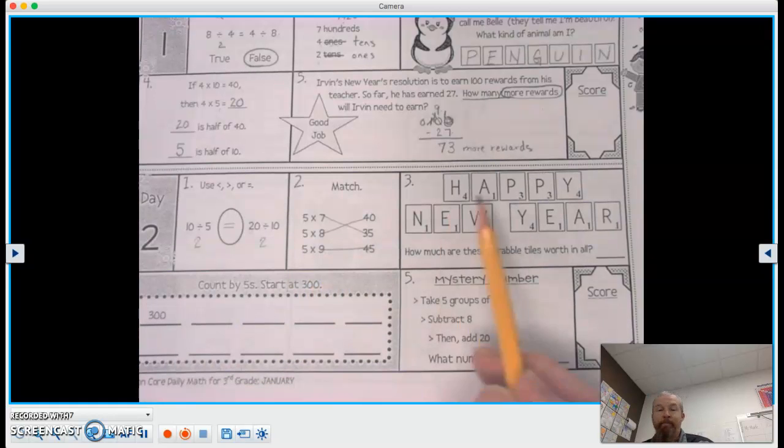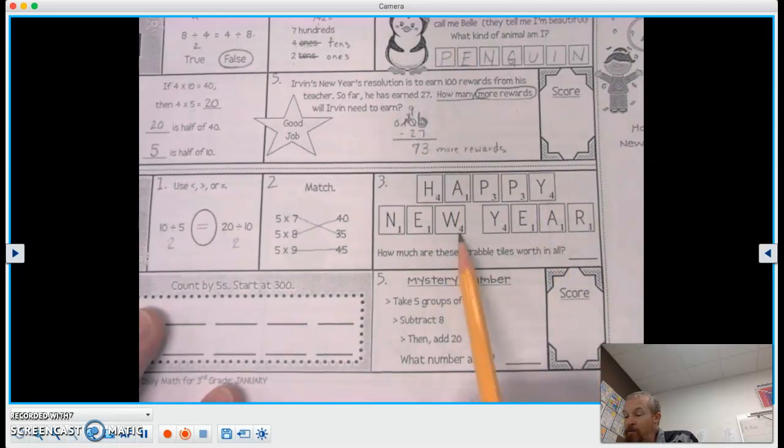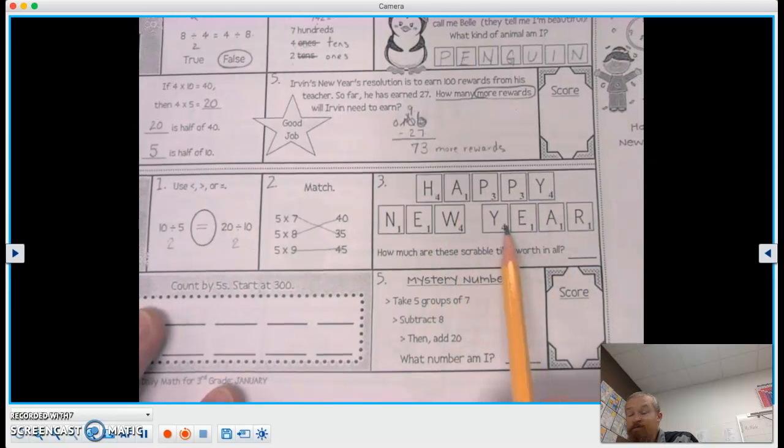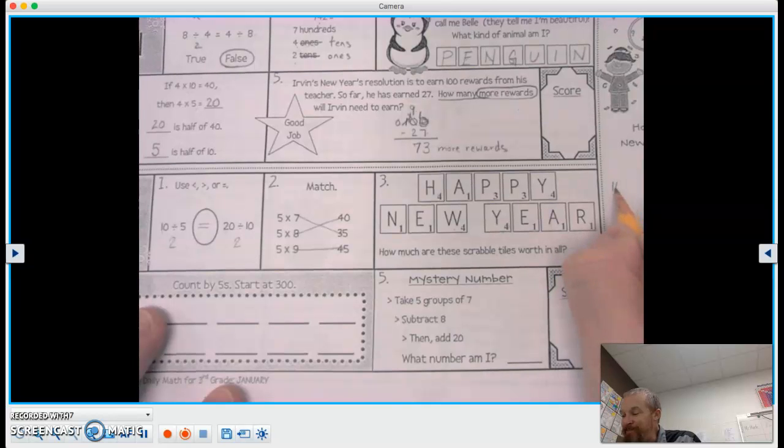All right. Happy New Year, it says. How much are these Scrabble tiles worth in all? So we have 1, 2, 3, 4 4s, right? Again, 1, 2, 3, 4. Whoa. 4 4s is 16.